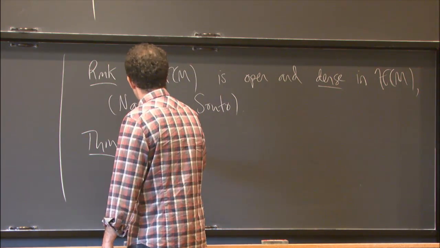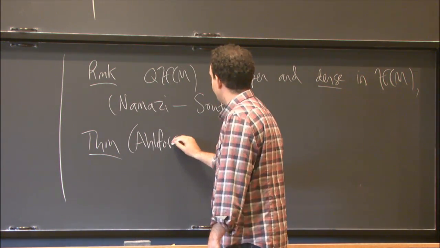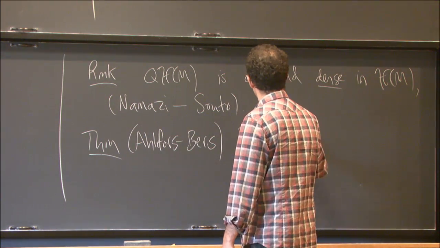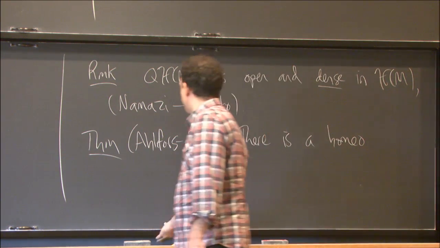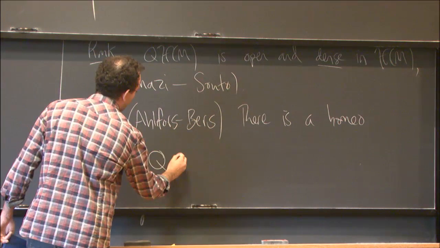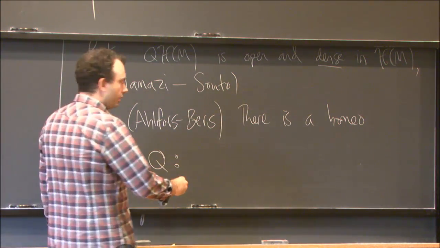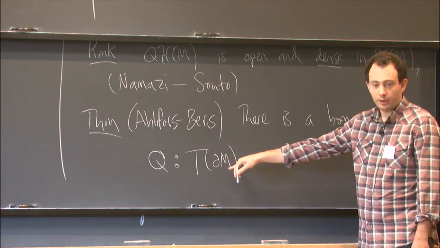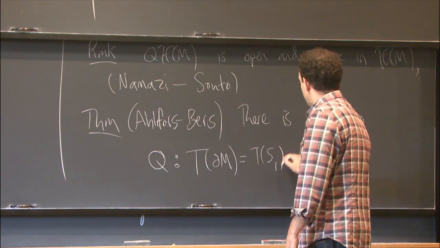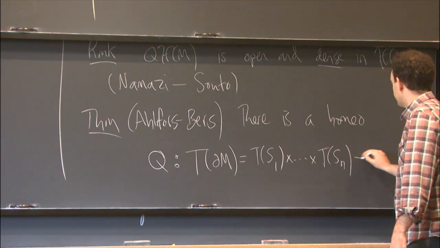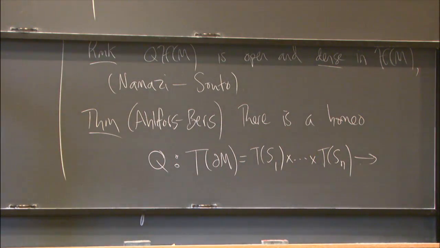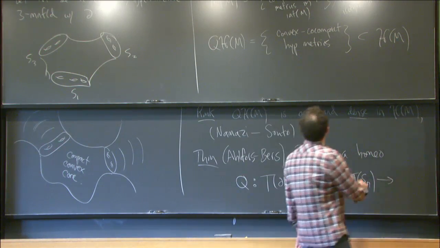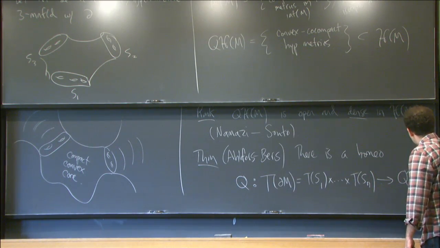Well, there's a parameterization of QH due to Ahlfors-Bers, which says that there's a homeomorphism Q from the Teichmuller space of the boundary of M to QH of M. Remember the boundary of M may be disconnected here, so this means a product of all the Teichmuller spaces of the boundary components.